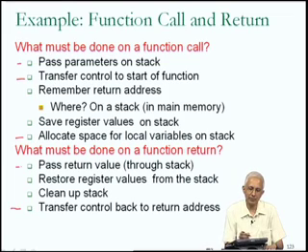The local variable comes into existence as part of the function call because there are instructions which explicitly allocate space for those local variables on the stack. And those local variables cease to exist when the function returns because there are instructions which explicitly free the space used for those local variables from the stack.